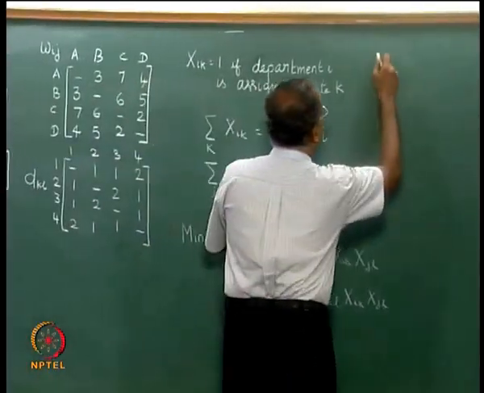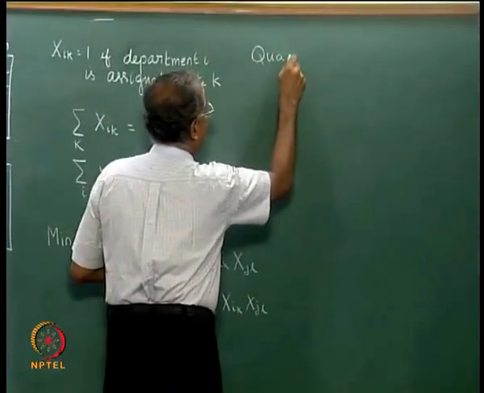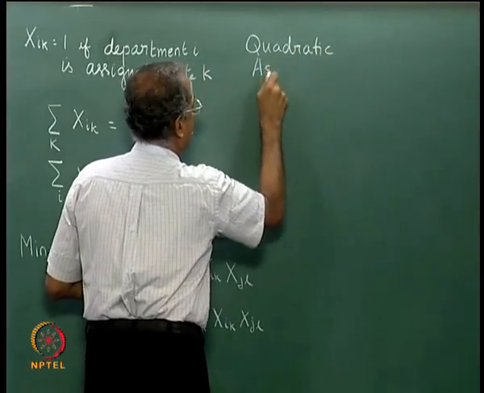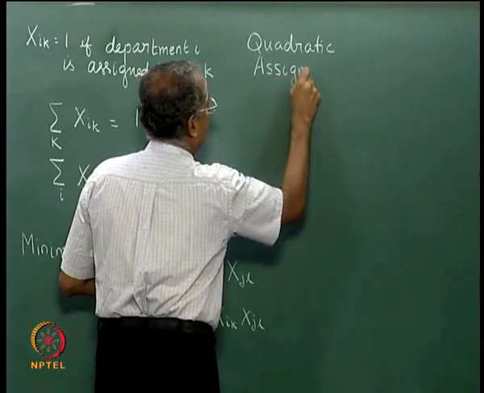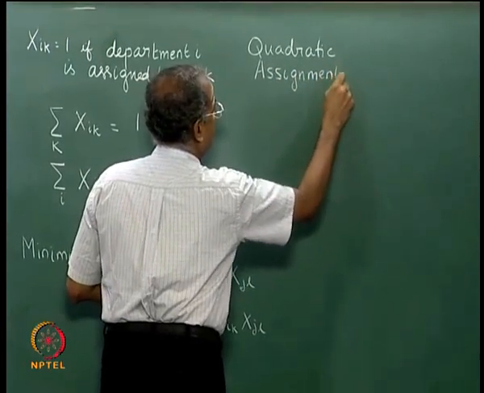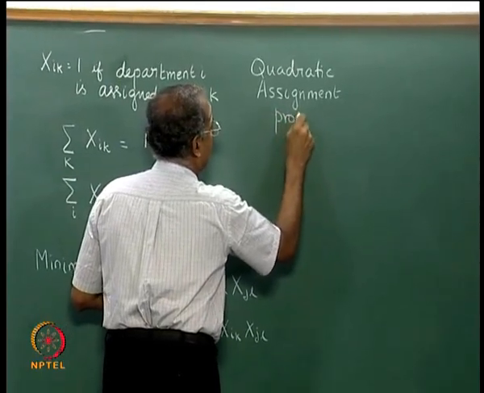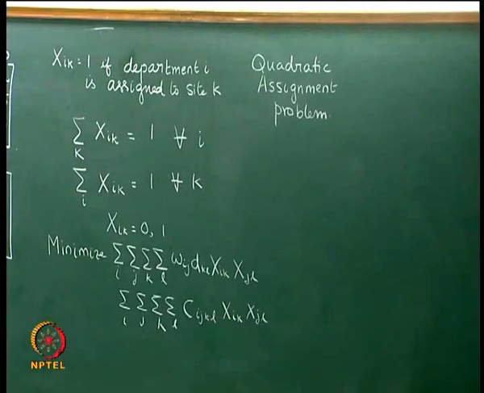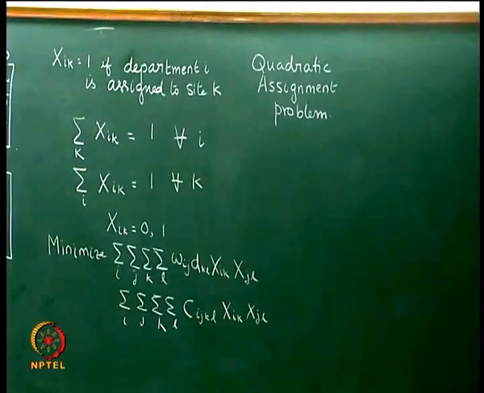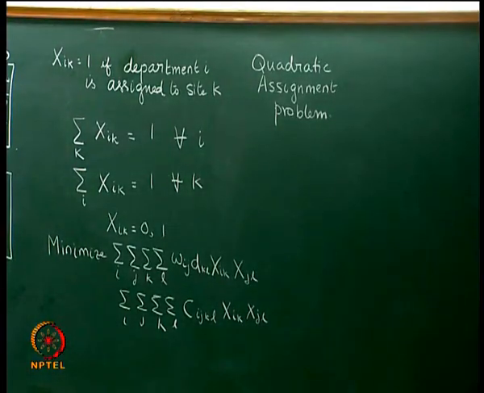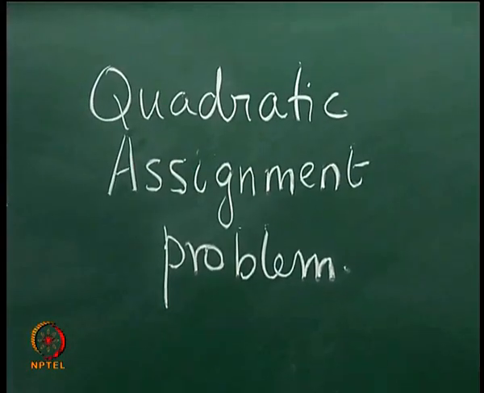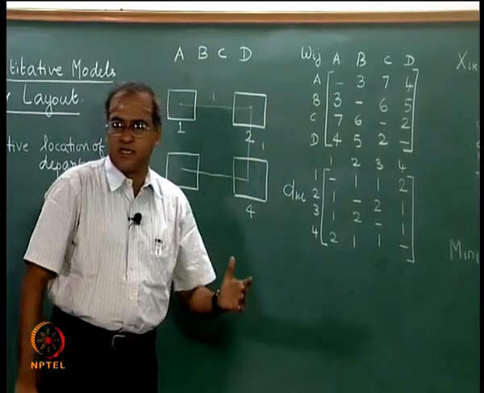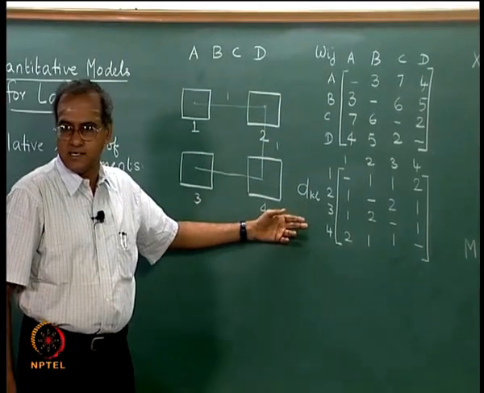It is called the quadratic assignment problem, and we can solve this formulation optimally to get the best layout for the 4 departments and the 4 sites given the Wij's and given the dkl's.